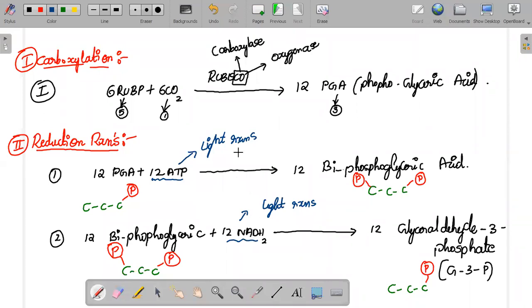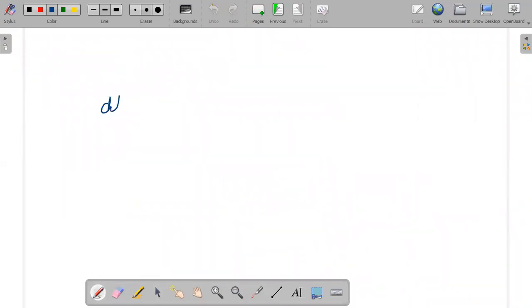Let me clarify. See, the chloroplast, and on the other side you have the mitochondria. Mitochondria also has the ability to produce ATP. Chloroplast also has the ability to produce ATP.